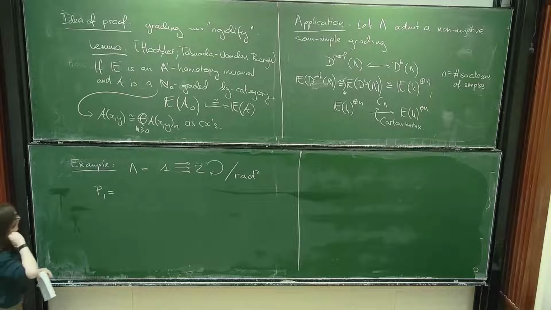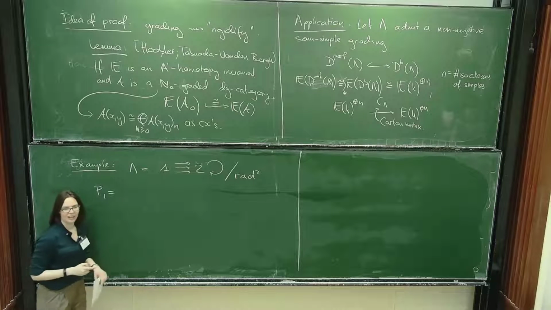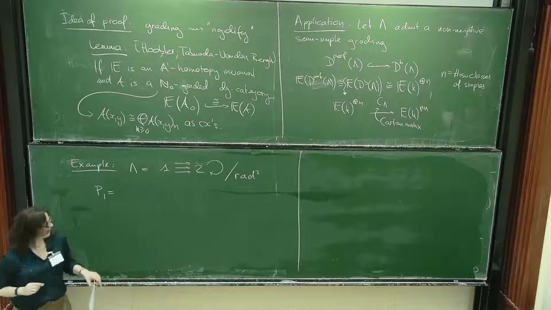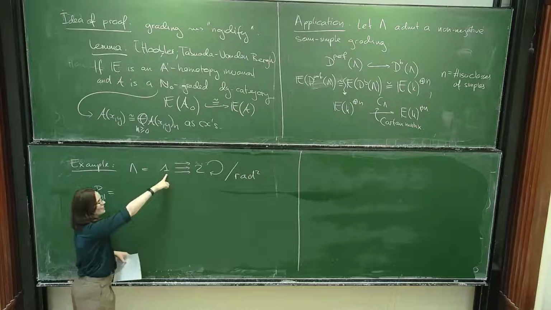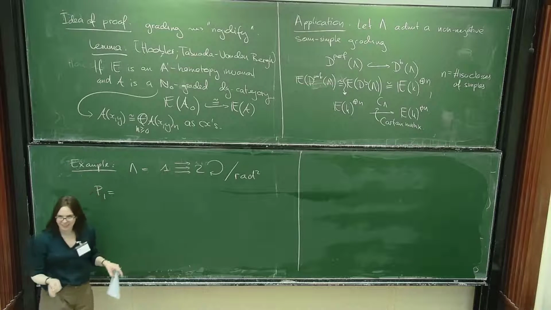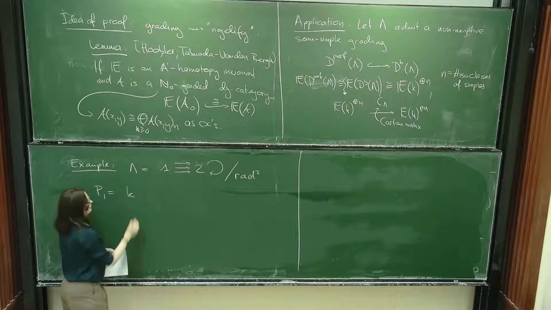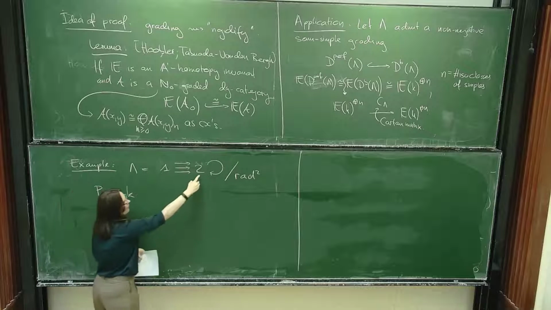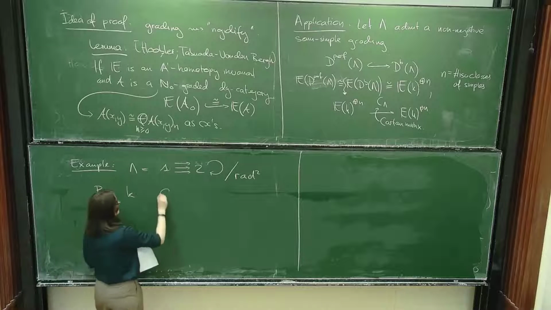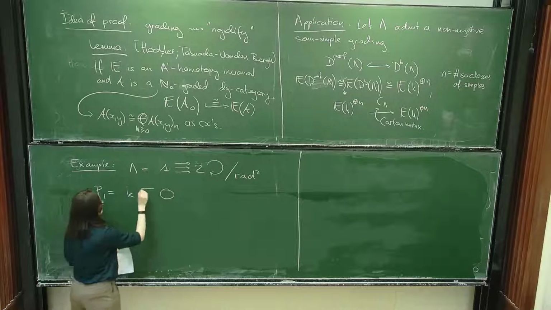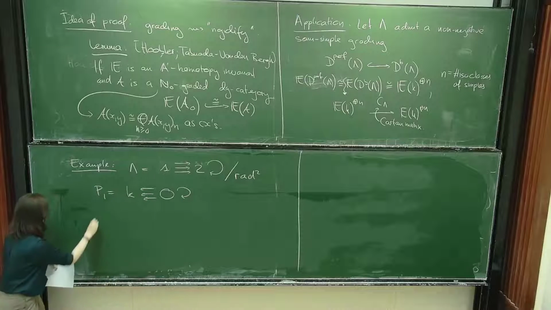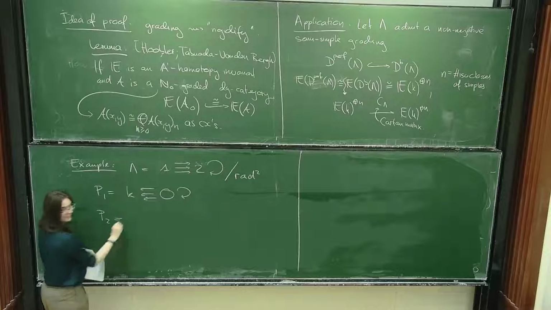To compute P1, I just look at paths ending in 1, so I'm working with right modules. How many paths are there starting in 1 and ending in 1? There's only the lazy path. That's just going to give me a k here. How many paths are there starting in 2 and ending in 1? There are none. It's going to give me a 0 here. And you can figure out what the maps are, but we don't need them.